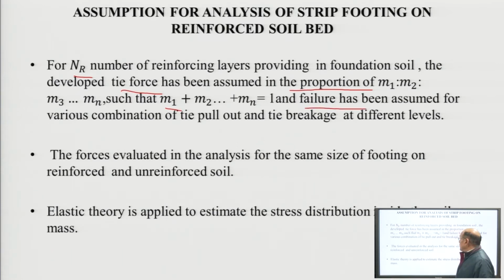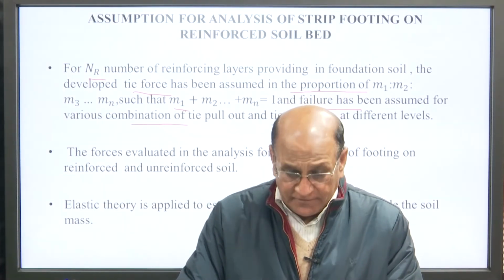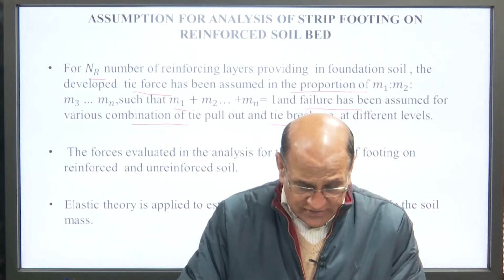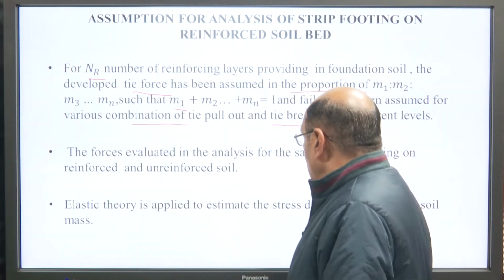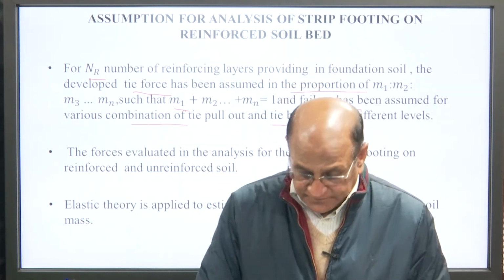Failure has been assumed for various combinations of tie pull and tie breakage at different levels. The forces are evaluated in the analysis for the same size of footing on the reinforced and unreinforced soil. The elastic theory is applied to estimate the stress distribution inside the soil mass.